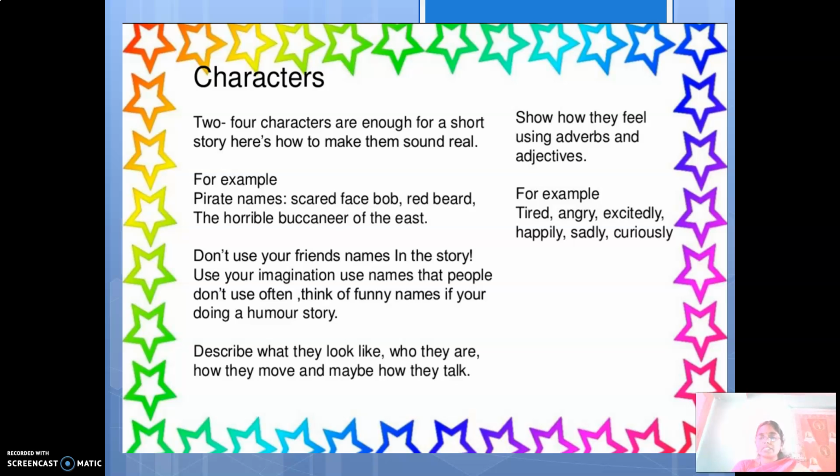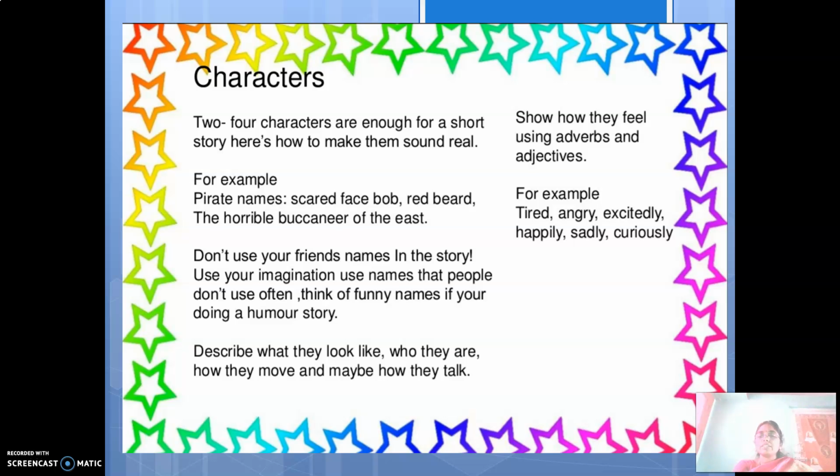Now characters. Two to four characters are enough for a short story. Here is how to make them sound real, right? So show how they feel using adverbs and adjectives, right? For example, two to four characters we discussed, isn't it? So pirate names, maybe Scared Face Bob, Red Beard, the Horrible Buccaneer of the East.